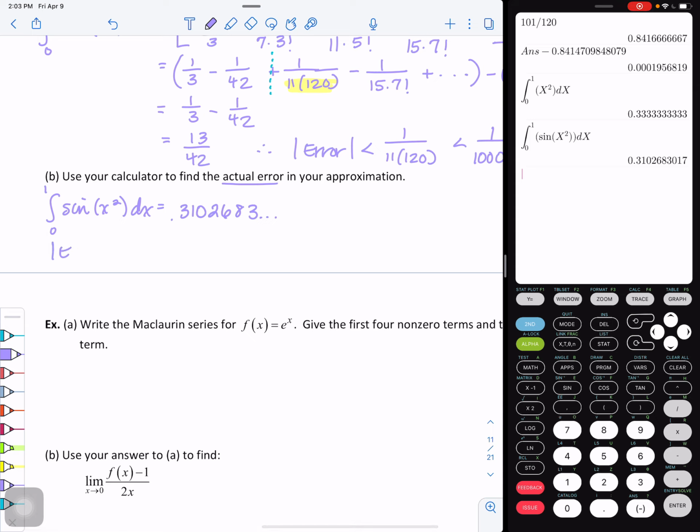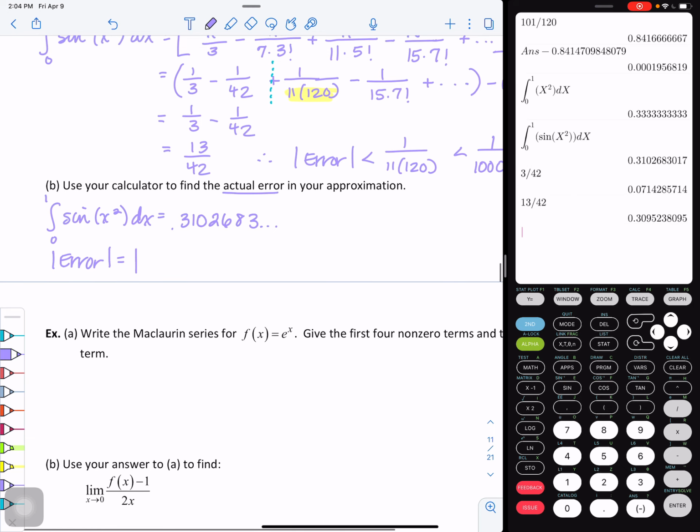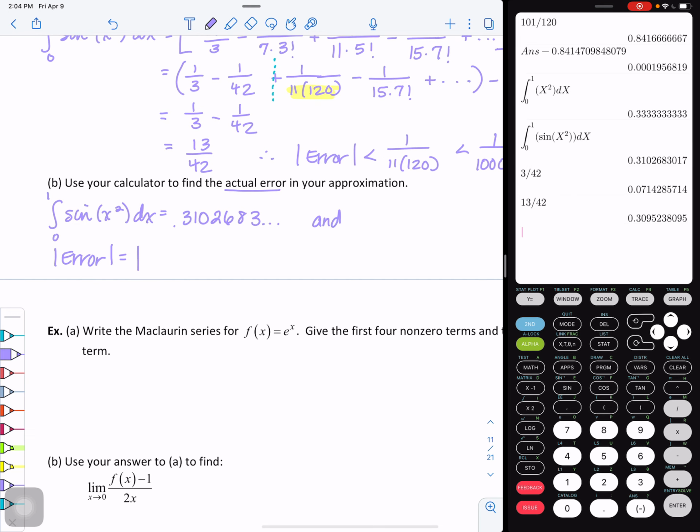So the absolute value of our error is going to be equal to, and let's take 13 and divide that by 42. 13 divided by 42 is 0.3095238.